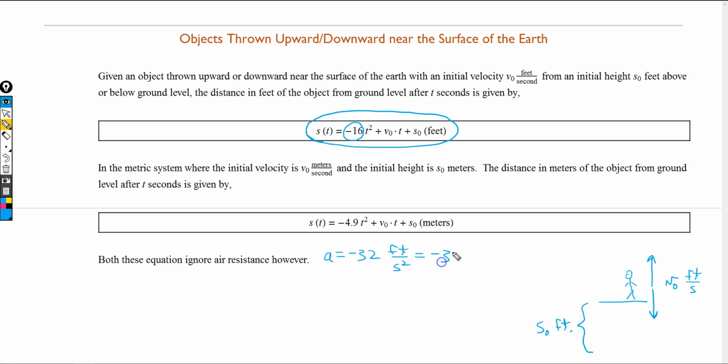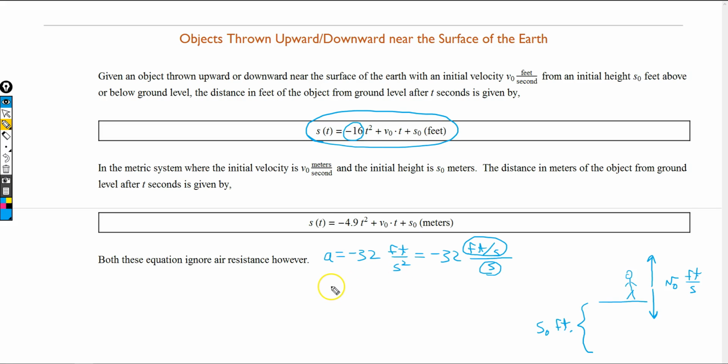Now what this means is that if you were to drop an object, just like, you're standing near a cliff and you release an object and it falls, every second its velocity will pick up an additional 32 feet per second. So each second it falls, the object will pick up an additional 32 feet per second. So that's why it has units of feet per second squared.